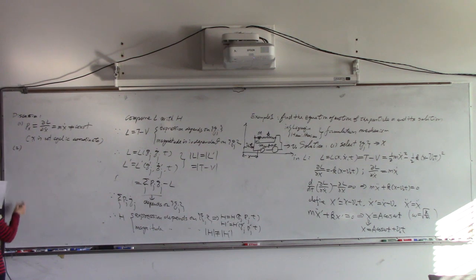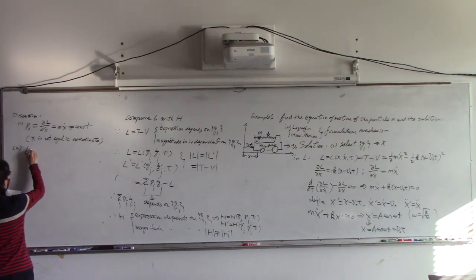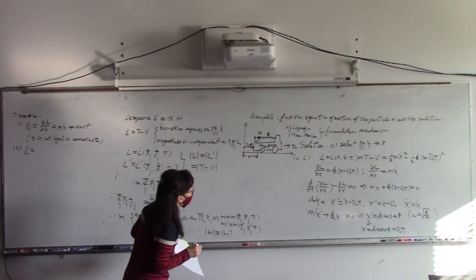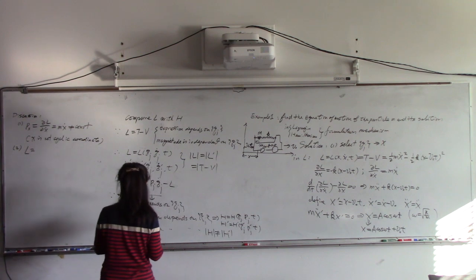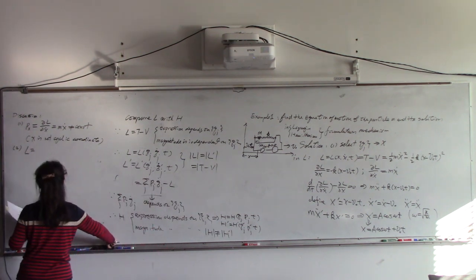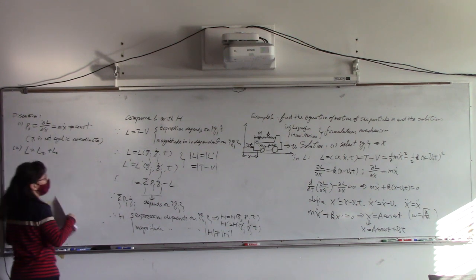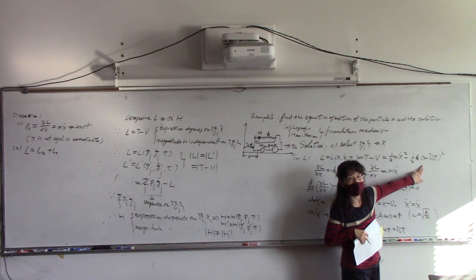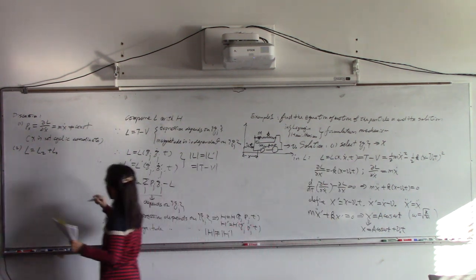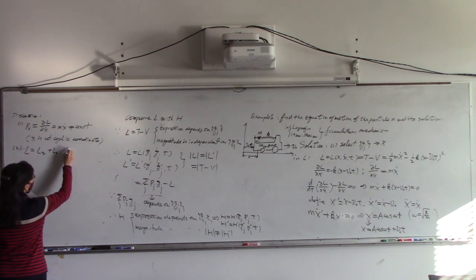Second one. Okay, now let's rewrite L is L2 plus L0, right? You see here we have only this projector and zeroth order in terms of velocity. And so what does this mean?